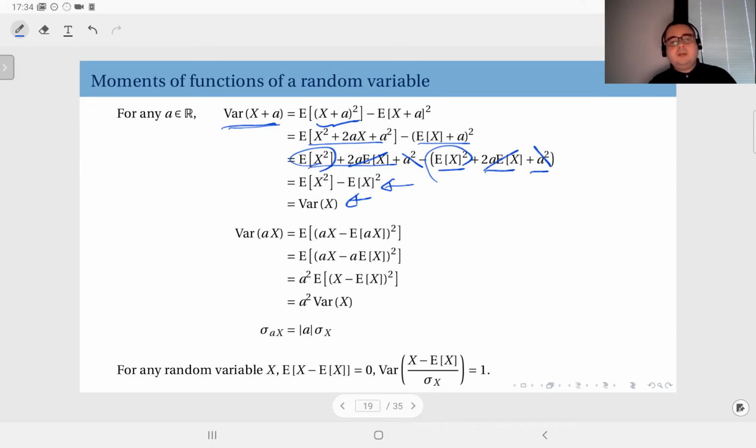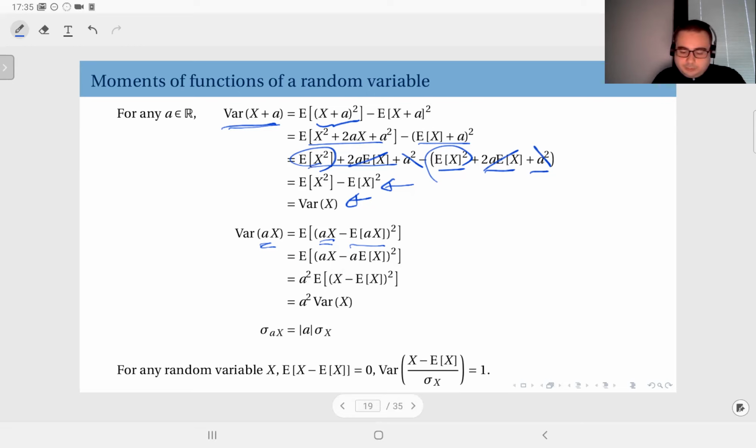Now let's look at the scaling of this distribution, a times x. Remember, the expected value of a times x is a times the expected value of x. So what about the variance? Let's see what happens to the variance in this case. Just apply the definition: the random variable a times x minus its mean, the expected value of a times x, squared, and the expectation is taken of this expression.